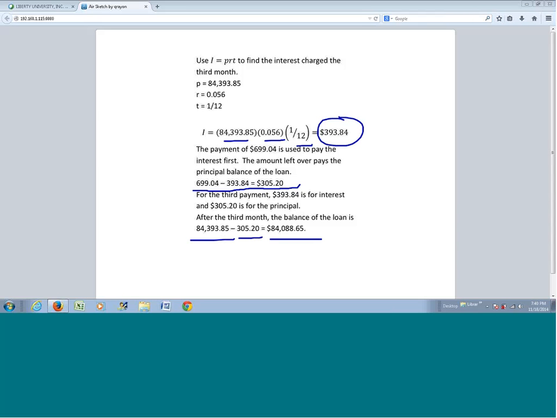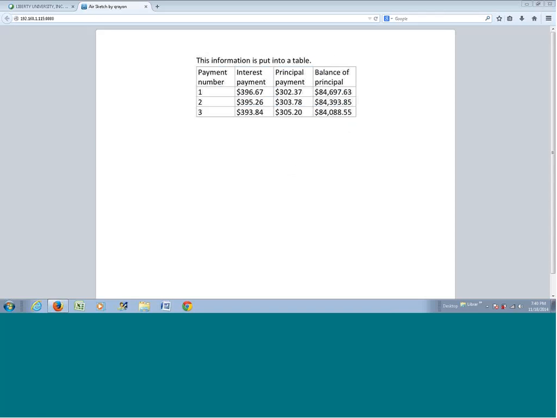So what an amortization table does is it takes all this and organizes it so it's easy to look at in a table format. This is just the first 3 rows. Normally a table like this would go all the way down, like this mortgage was for 180 payments. The full table would go all the way down to payment 180, but I didn't want to do that in this webinar.